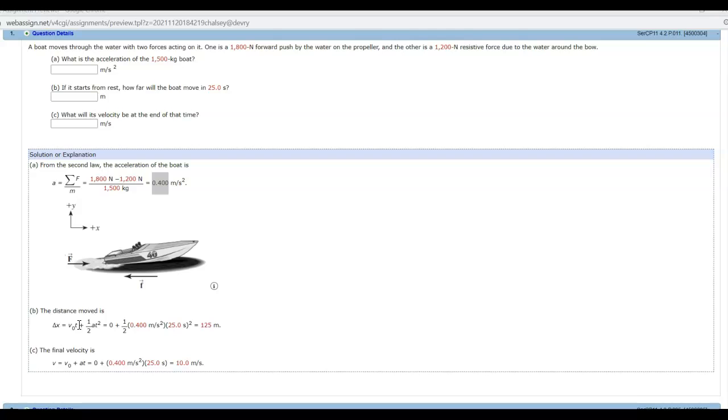Well, it told us it started at rest, so if the initial velocity is 0, then this just goes to 0. Next, we have 1/2 at squared for our distance. So we take our 0.4 times 0.5, or divide it by 2, and then multiply it times the time squared.